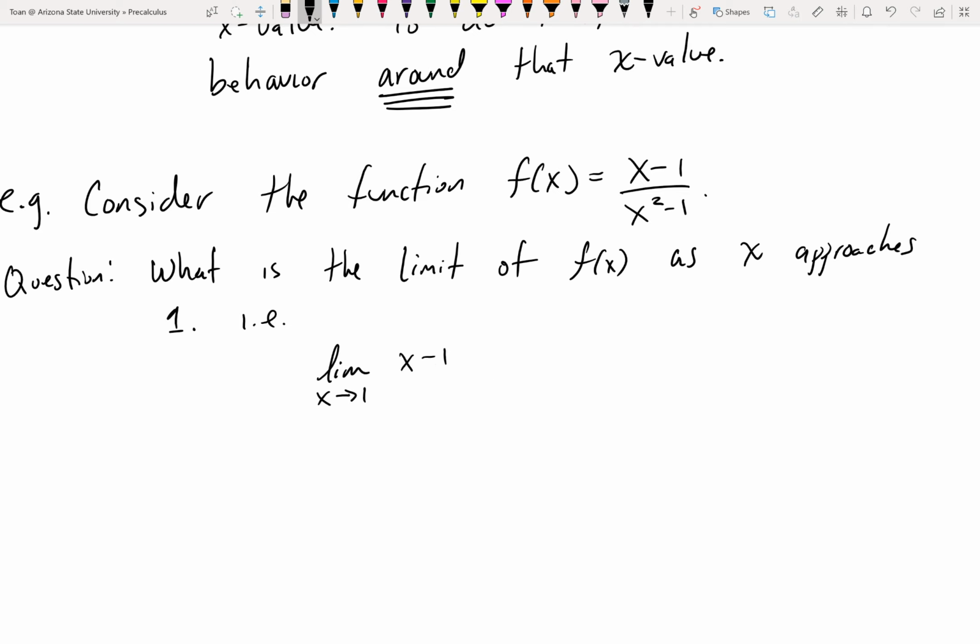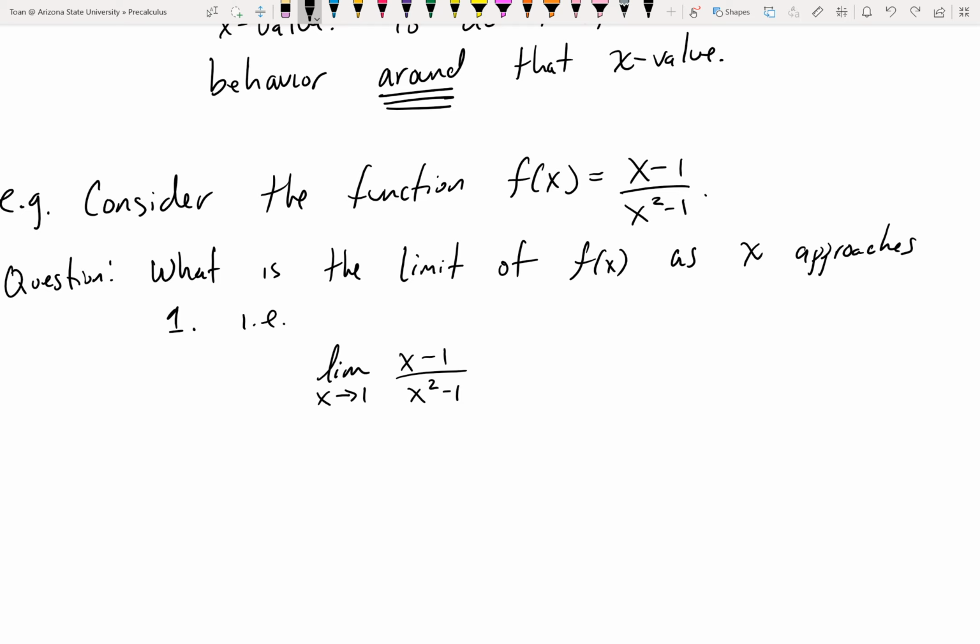So x minus 1 over x squared minus 1. So this notation is asking exactly this question. Well, actually, not entirely. Instead of putting f of x right here, I actually wrote out the whole function. But you could easily put f of x in there.